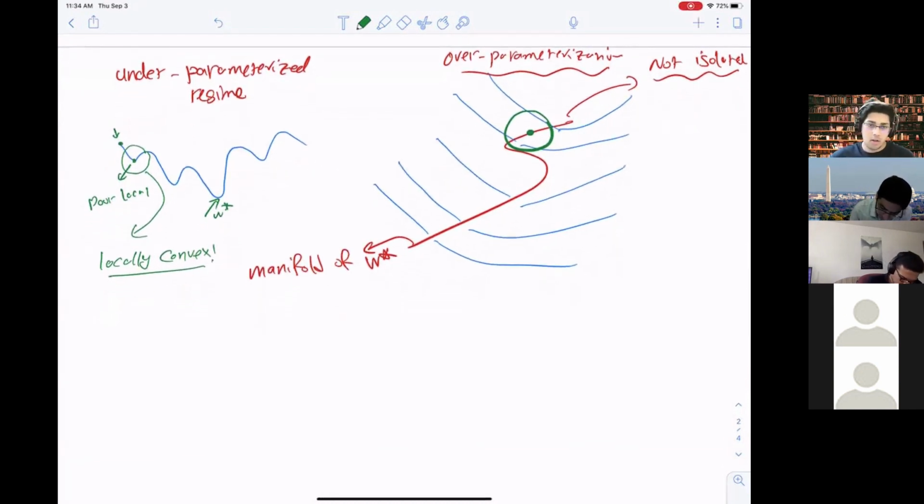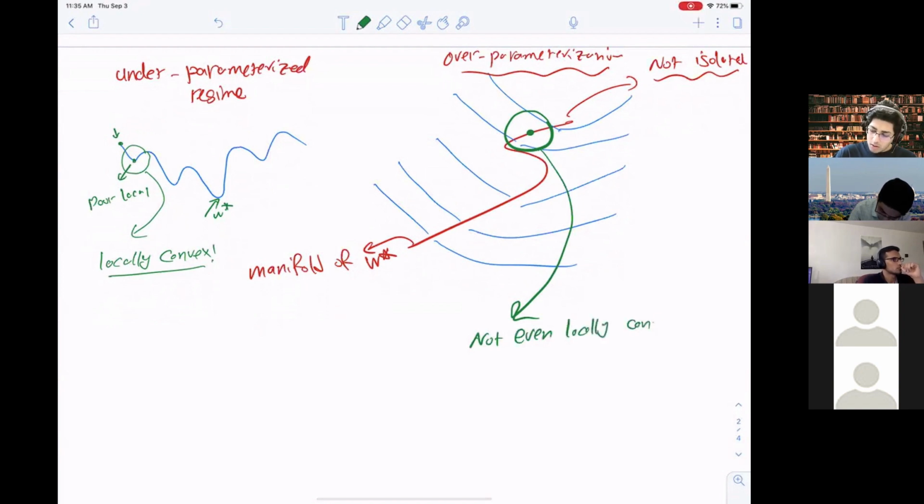One interesting observation is that we don't have local convexity in these neighborhoods. They are not even locally convex. So this is what we call essential non-convexity.